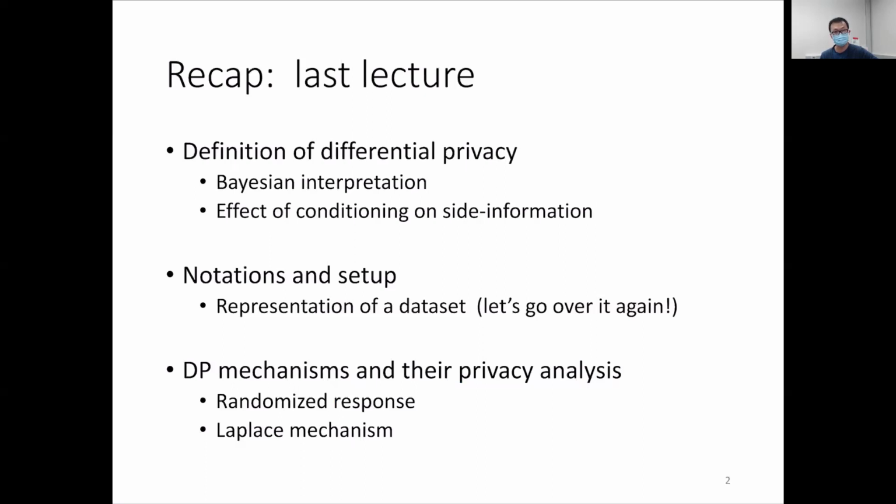Basically, you want to check your privacy definition by showing that for any pair of neighboring data sets and for any possible output space, you can prove that inequality. It goes in a more or less straightforward way, starting from the left, filling in the middle, and arriving at the right-hand side of the inequality towards the end.